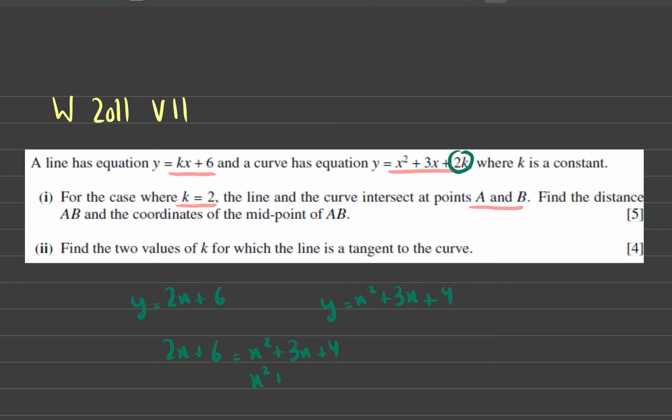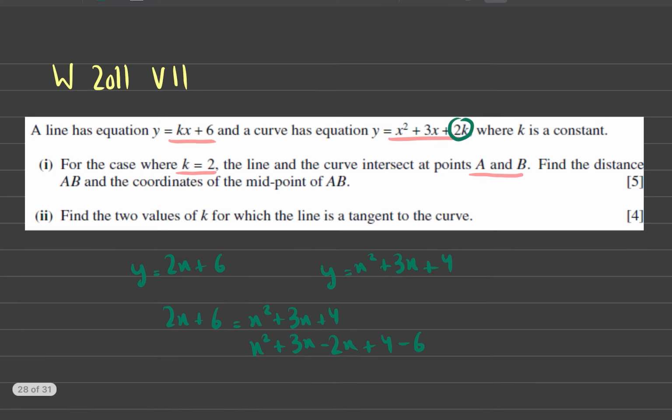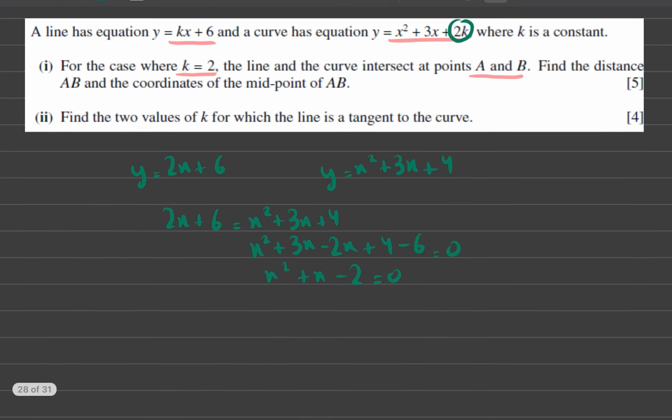Let's shift it here. x squared plus 3x minus 2x plus 4 minus 6 is equal to 0. x squared plus x minus 2 is equal to 0. What are the factors of 2? 1 2 is 2. So x squared plus 2x minus x minus 2 is equal to 0.